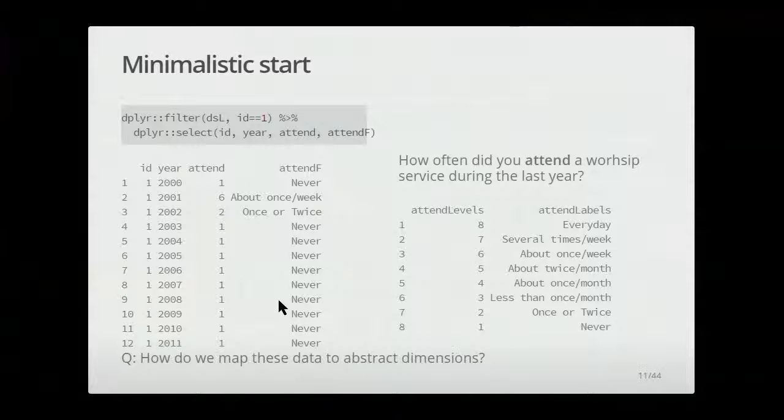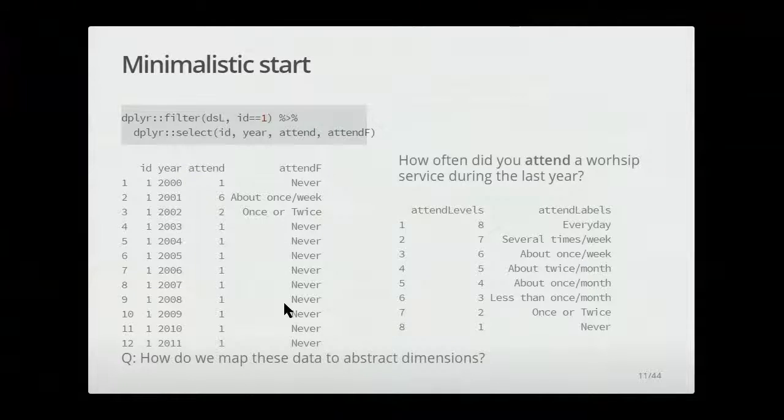Because that's the goal of statistical graphics. The most typical abstract dimensions are abscissa and ordinate, X and Y. Very typical. We don't have to limit ourselves to only those. We'll be able to use other abstract dimensions such as shape, color, transparency, and other exotic dimensions as well.